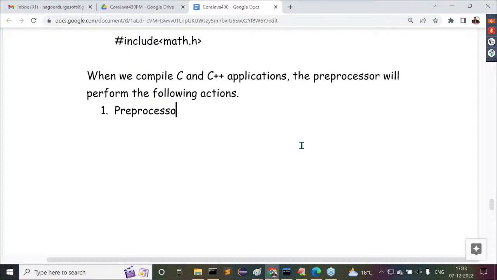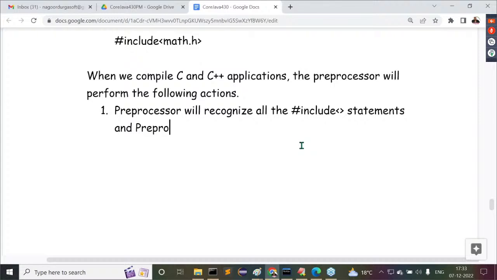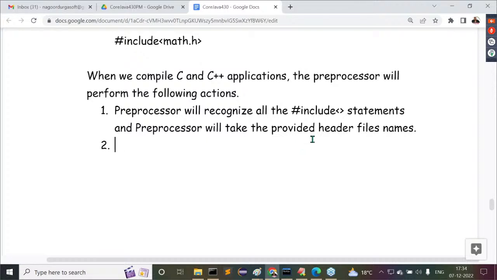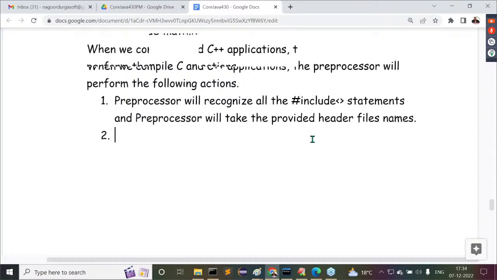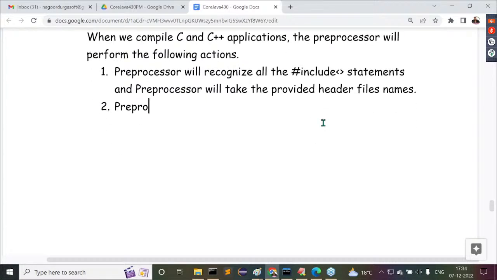The preprocessor will recognize all the hash include statements, and the preprocessor will take the provided header file names. This is point number one. Got my point or not? Then what next one here?